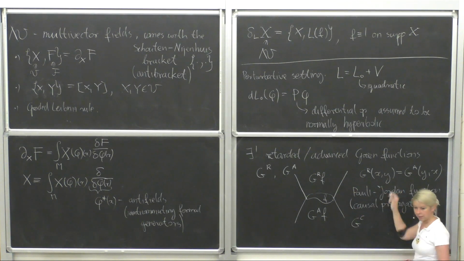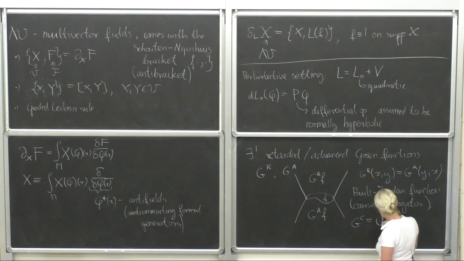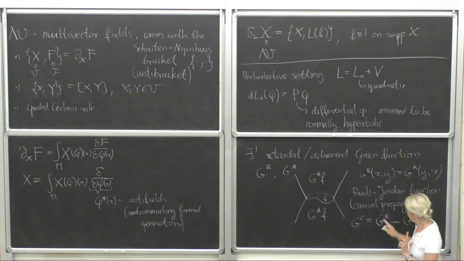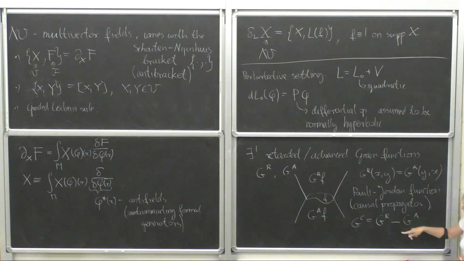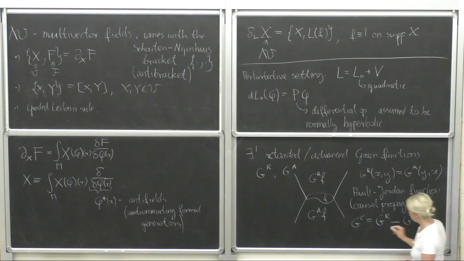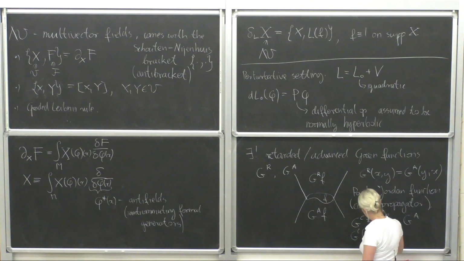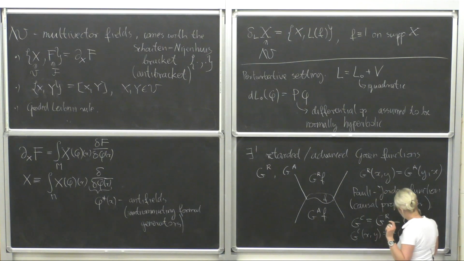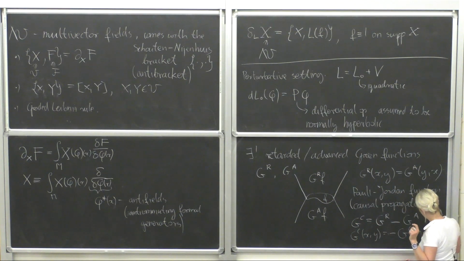This is a difference between these two. So retarded minus advanced. So this property implies that GC is antisymmetric. So GC of xy is minus GC of yx, antisymmetric.